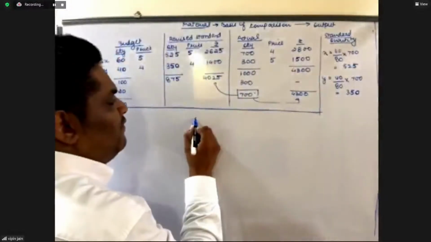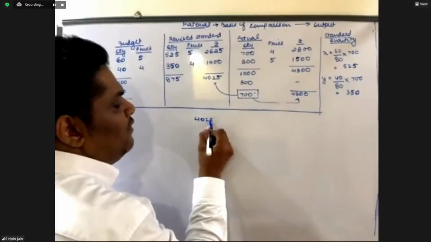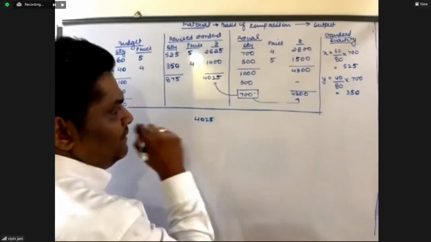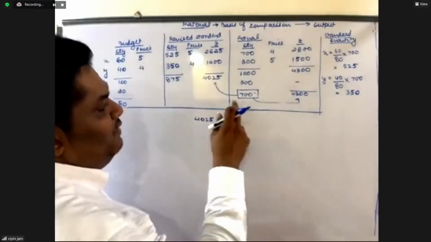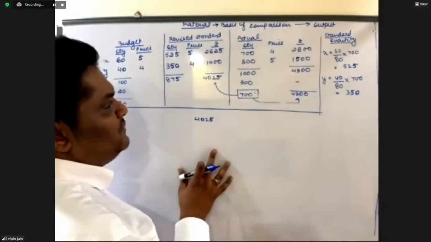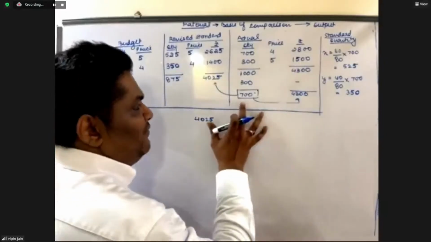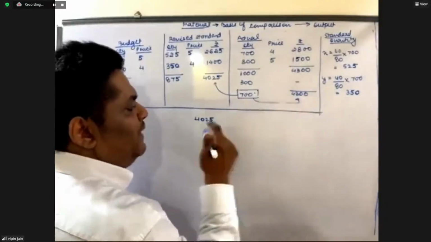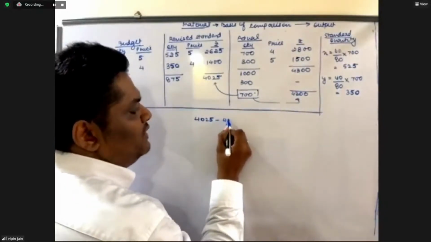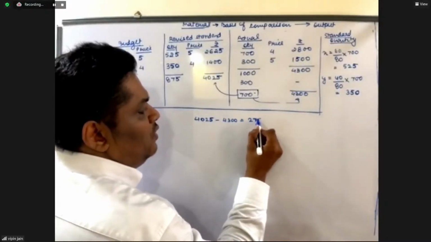Very simple. For manufacturing 700 units, we should have spent how much? 4025 rupees. But for manufacturing 700 units, the amount that was actually spent was how much? 4,300.